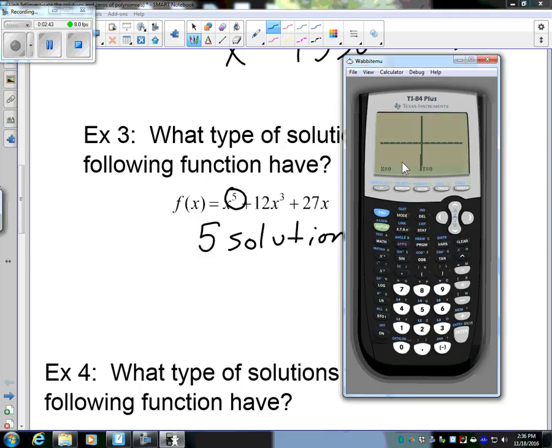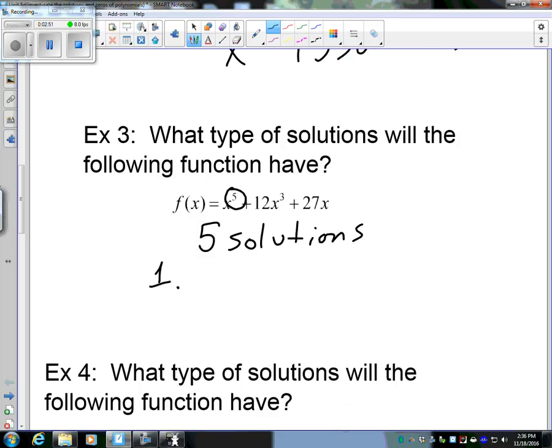Anytime the graph goes across the x-axis, that is a real solution. So of the 5 solutions, there's one real solution. That's where it crosses the x-axis. If there are 5 solutions and one's real, then what are the other ones? Well, the other 4 are imaginary. So there are 4 imaginary solutions and 1 real solution.